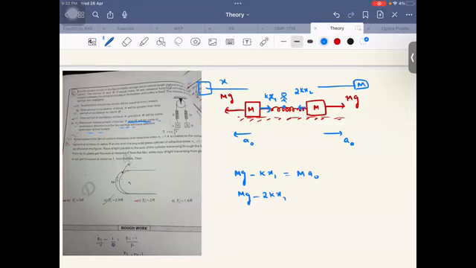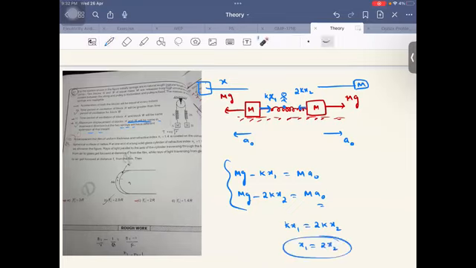Is it clear what I have written? Now tell me, will the extensions be different or not? kx1 will be equal to 2kx2, right? That means x1 will be equal to 2x2. Then that means the extensions will be different in the springs.